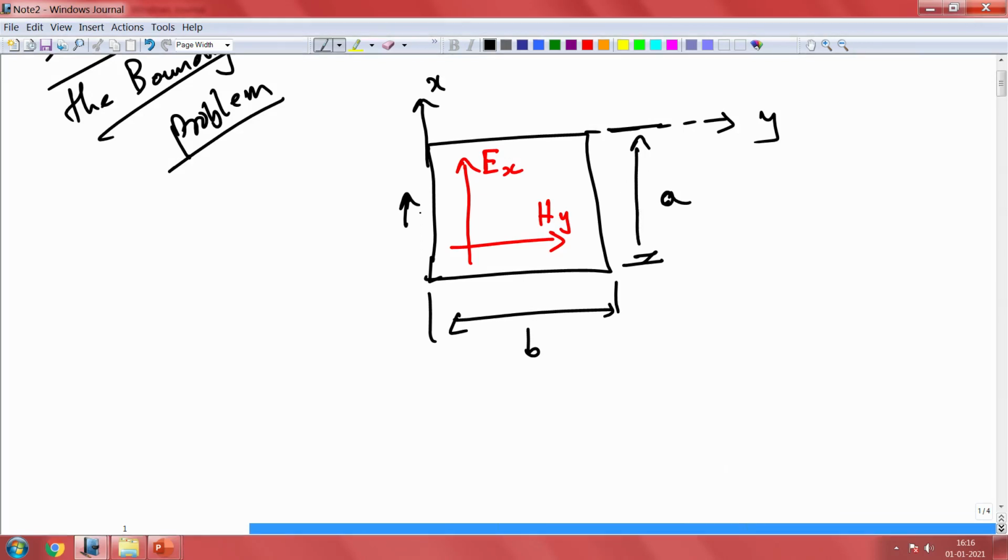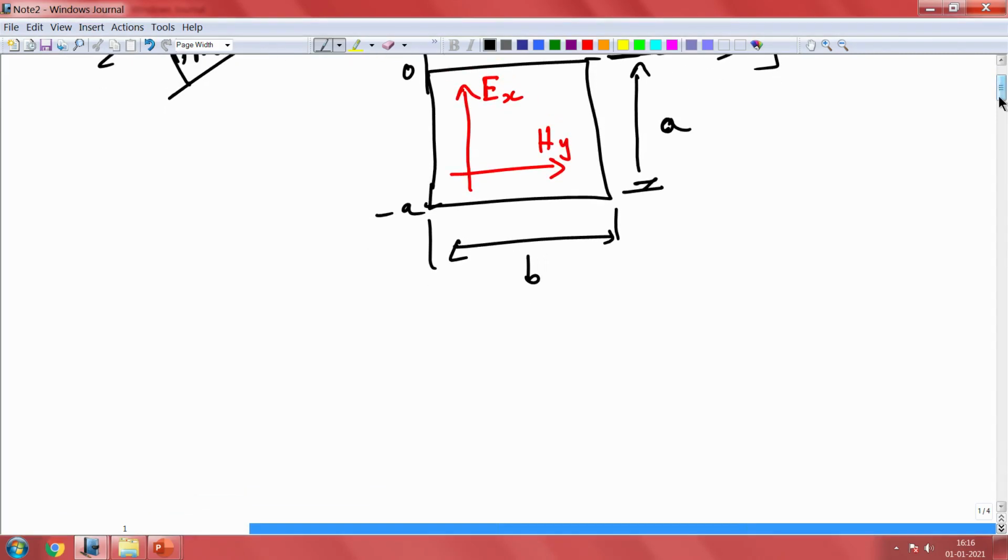So, that is one thing, and again for the Hy field we should have the magnetic field continuous at x equal to 0 and x equal to minus a, right. So, this is minus a and this is b. So, let us put those conditions here, right.